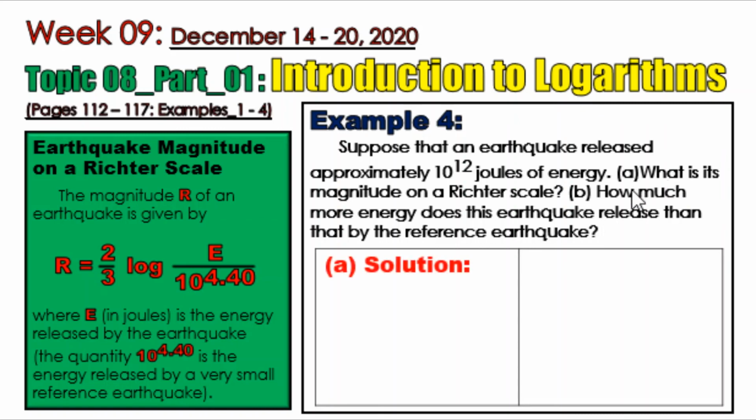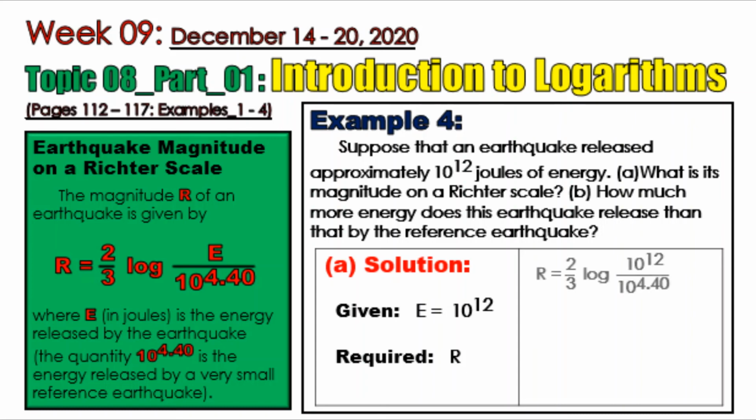We have the given: the energy is equal to 10 raised to 12, and you are asked for the magnitude on the Richter scale. Using the formula, R is equal to 2/3 times the logarithm of 10 raised to 12, which is the value of E, over the constant number 10 raised to 4.40.